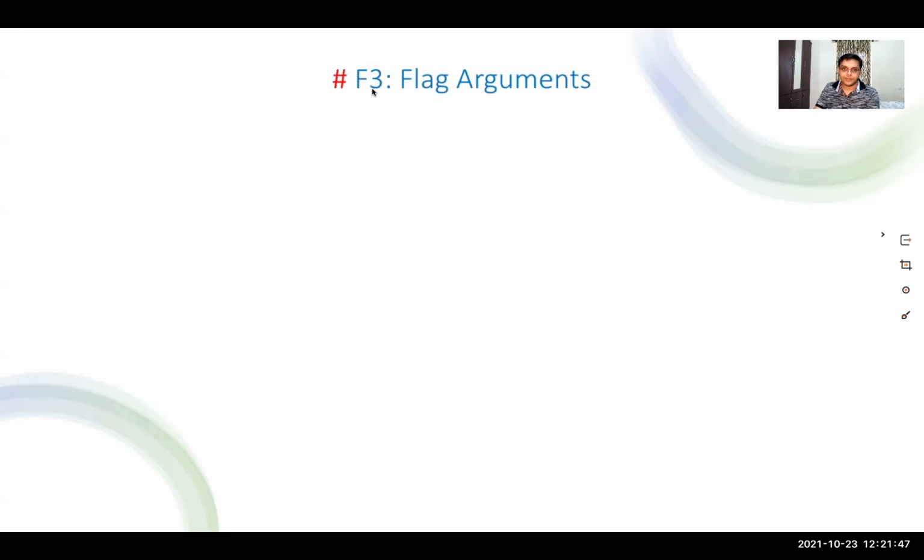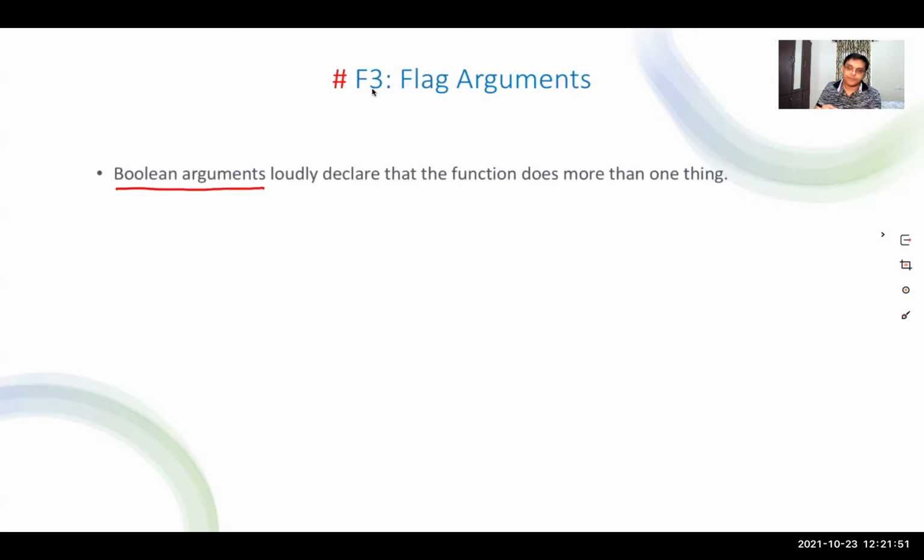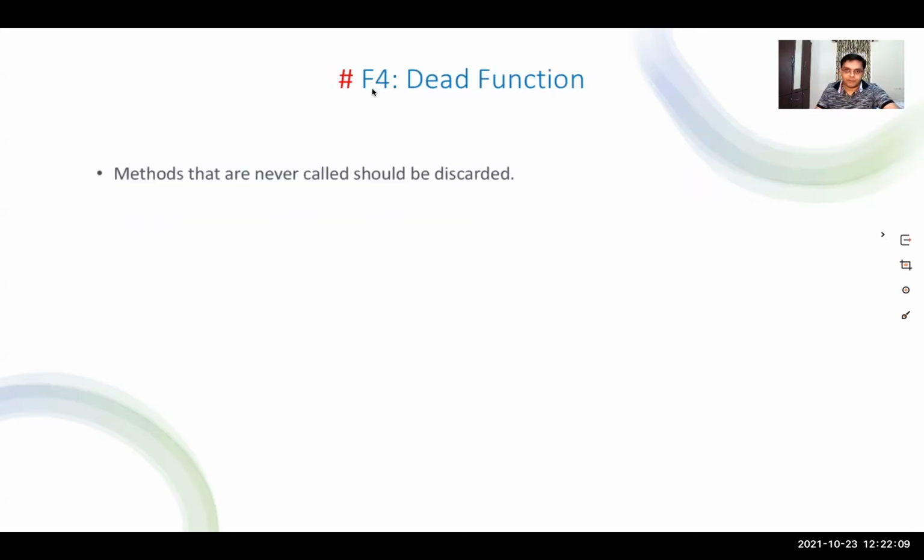And flag arguments and Boolean arguments. Okay, so we are passing a lot of Boolean arguments. This loudly indicates that this is a smell, that this function may be doing multiple things, because we are passing a Boolean argument. This is also confusing and should be avoided.